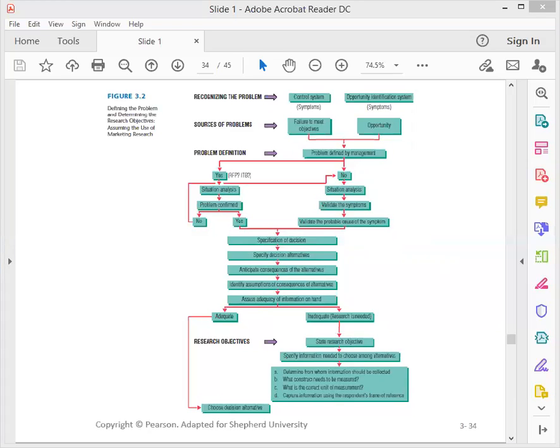So decision makers make assumptions when they assign consequences to their decision alternatives. Assumptions are assertions that certain conditions exist or that certain reactions will take place if the considered alternatives are implemented. If we don't feel that information is likely to make certain assumptions, then we'll likely need new information. And that's information, of course, that's gathered by marketing research.